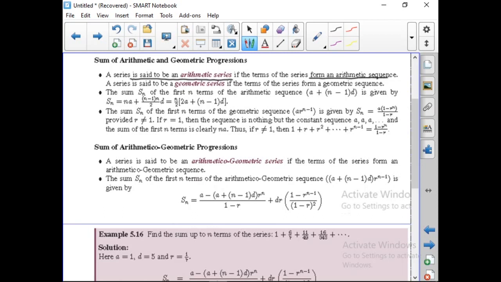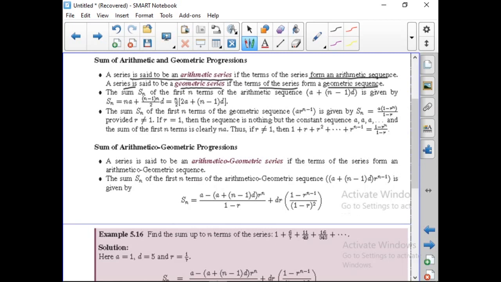You know the form: A plus D, A plus 2D, all these are an arithmetic progression where the first term is A and the common difference is D.